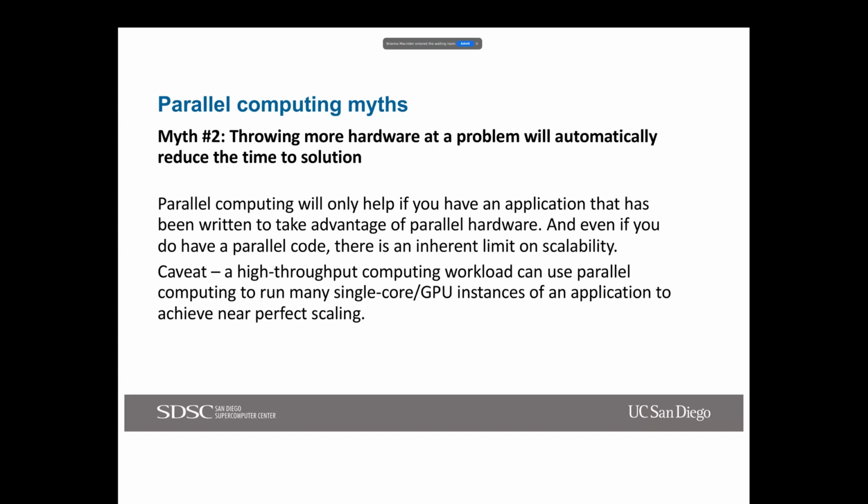Of course, there are other caveats here, as Bob notes. If you do have an application that's not parallelized, maybe it's a serial code, but you need to run hundreds of thousands of iterations of some sort of parameter sweep across your simulation, or thousands of files that need to get analyzed with this serial code, then having access to a high performance computing resource that can run that serial application thousands or hundreds of thousands of times might be what you're actually looking for.